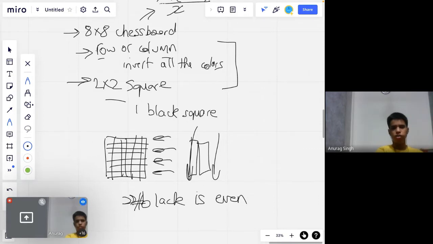The parity remains the same. So if we try these operations one after another in a sequence, we always have an even number of black squares, because after every operation the parity remains the same.